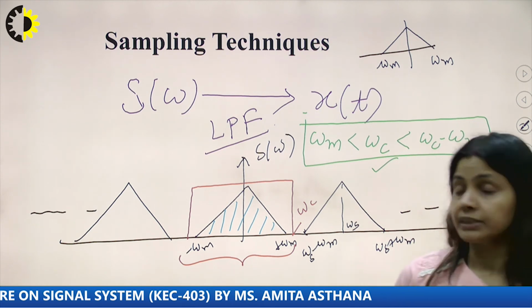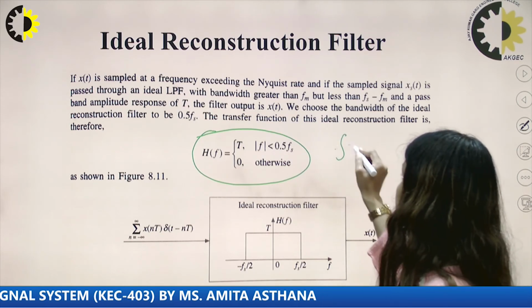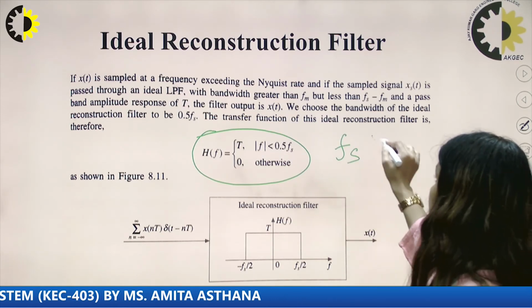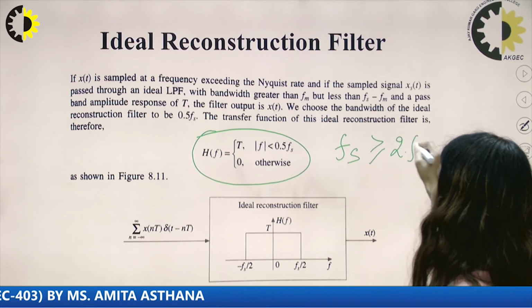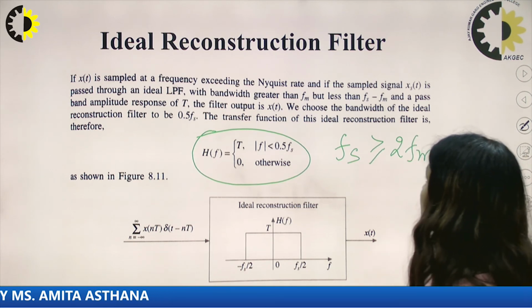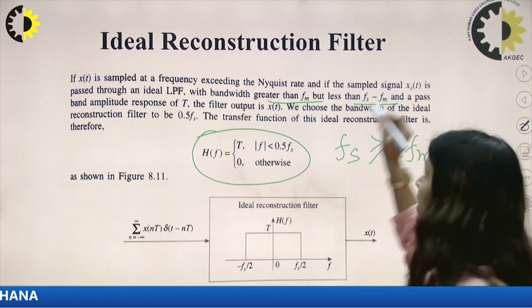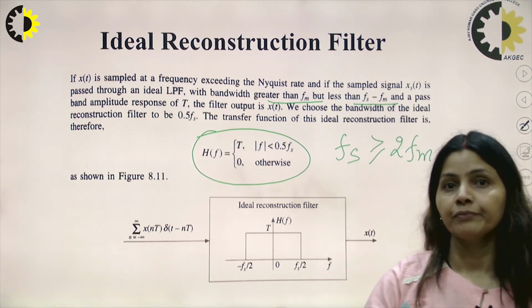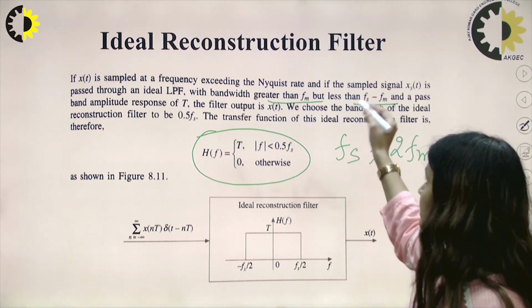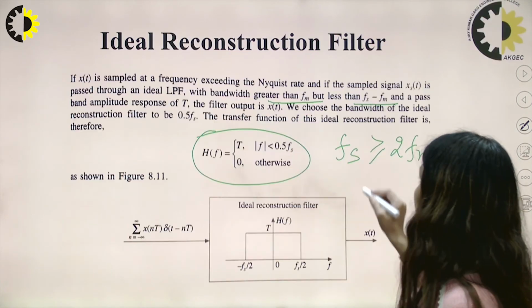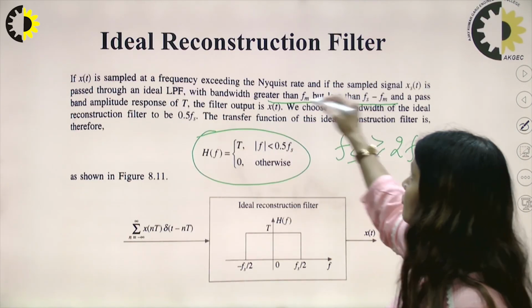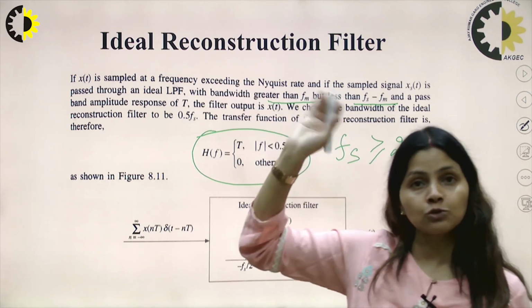What is Fs? Fs is greater than or equal to twice Fm. So the bandwidth should be greater than Fm, but it should be less than Fs minus Fm, and this condition is verified, that is, the cutoff of the filter omega c lies between these two frequencies.